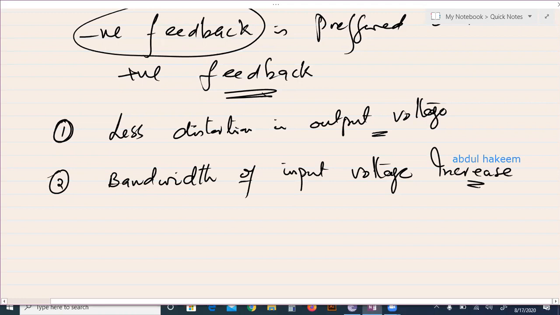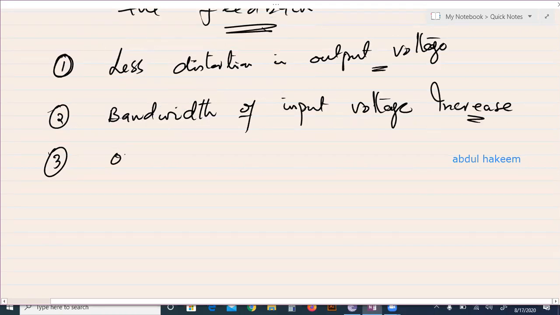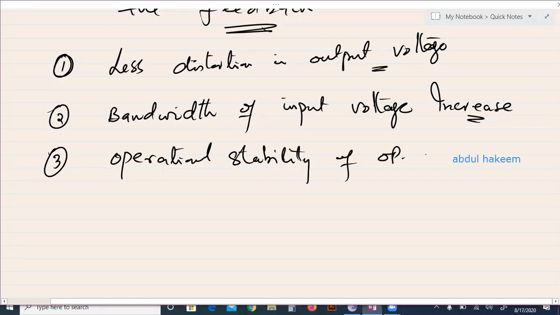Bandwidth of the input voltage becomes more. And number three, operational stability of OpAmp increases, meaning the life of the OpAmp increases.